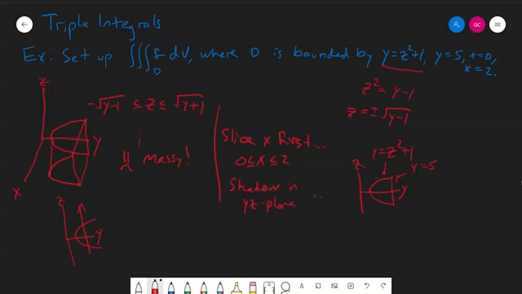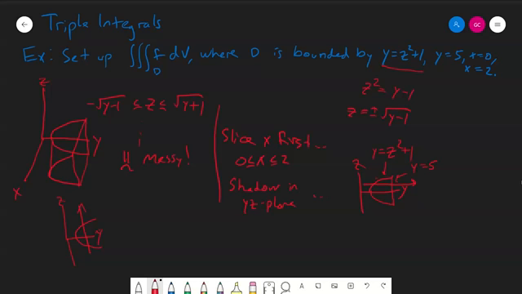And now you just slice this region in any way that seems useful. Well, if I slice in the z direction now, I'm going to have the same range of z values as before, and it's still kind of ugly. So let's slice in the y direction. That works out nicely, because this left boundary, y equals z squared plus 1, is already solved for y in terms of z.